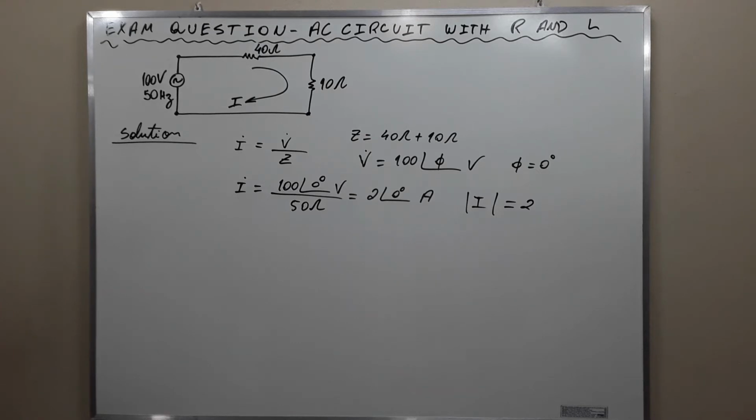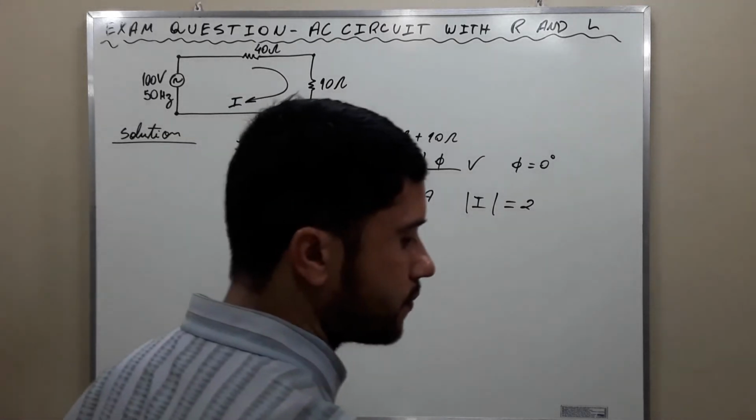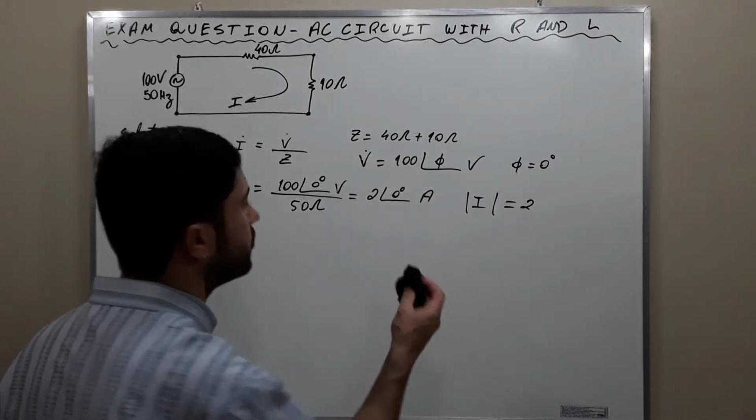Now, what the exercise wants us to do is to replace the 10 ohms resistor by an inductor. Let's do what the exercise wants us to do.